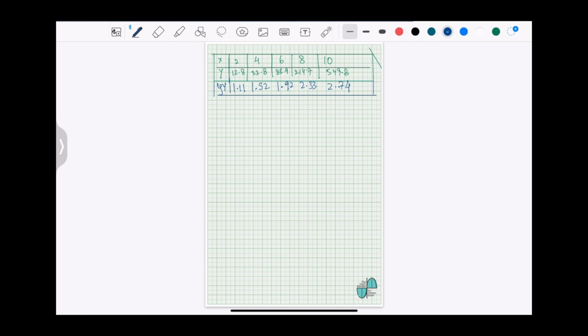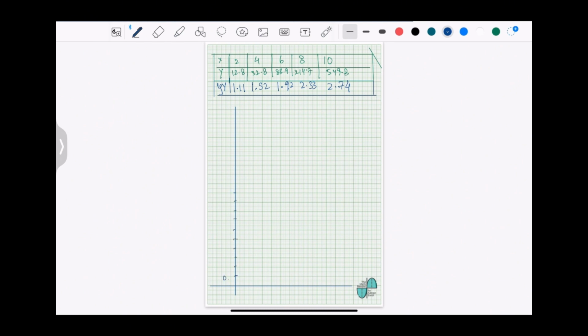So let's make a rough axis. The maximum value that it reaches is 2.74.